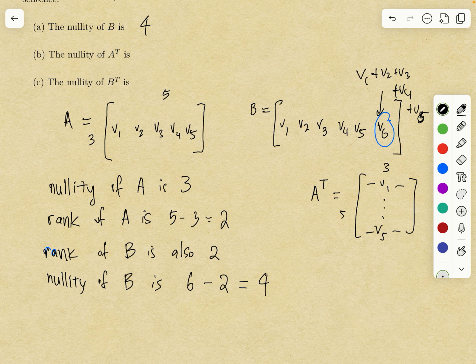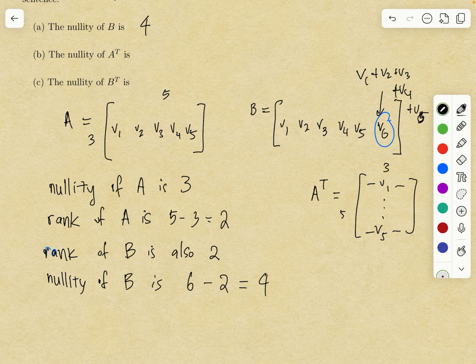But the important thing about the rank, how is the rank of A related to the rank of A transpose in general? If you just have a matrix A, it has a rank, and there's A transpose. You can always transpose a matrix. That matrix, A transpose, also has a rank.